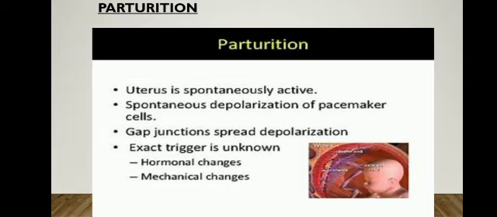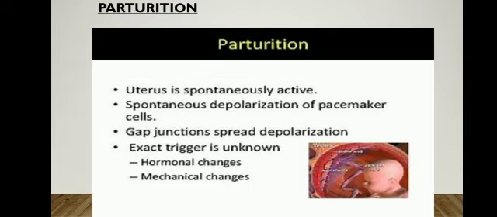Okay, so from the neurohypophysis, which in turn brings about the powerful contraction in the uterine muscle and leads to the expulsion of the baby through the birth canal. Okay, this sequence of events we call parturition or childbirth.